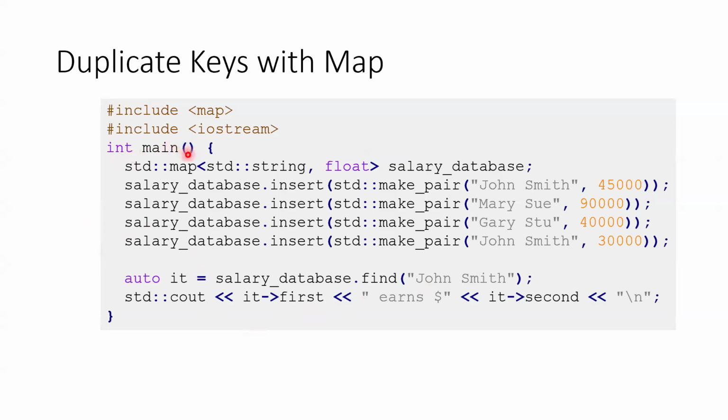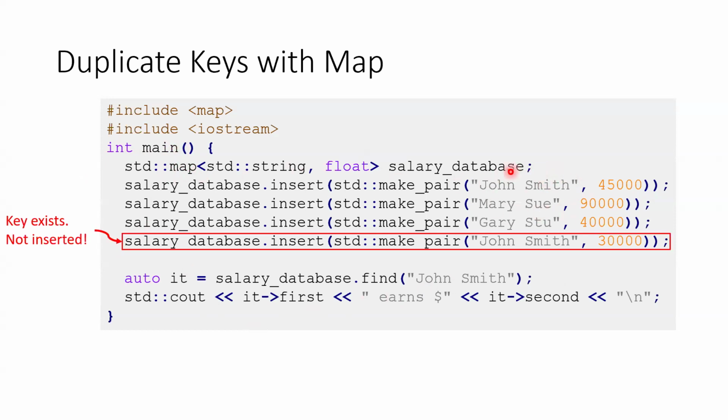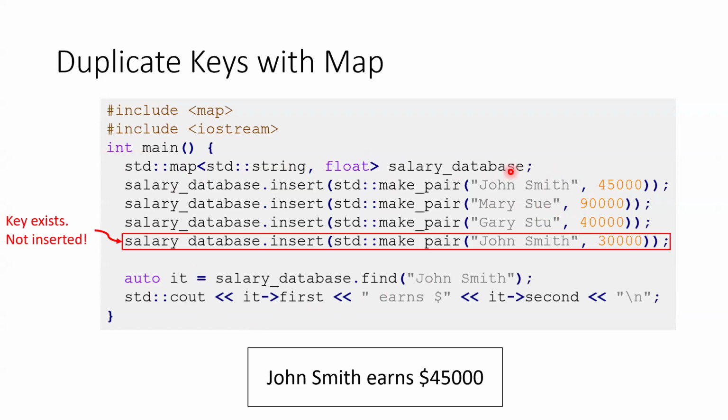Maps are only defined for single unique keys, so the second insertion will not happen because the key already exists. And when we do find John Smith and output, it will only find the John Smith that was first inserted, which is 45,000.